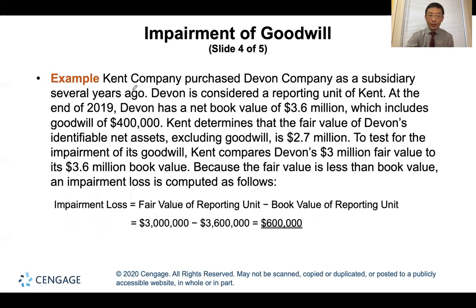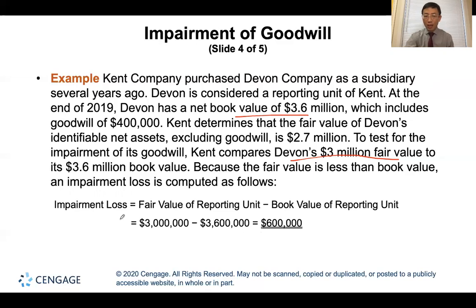So the example shows the book value is $3.6 million, and the fair value is $3 million. So it means the market value is much lower than the book value.